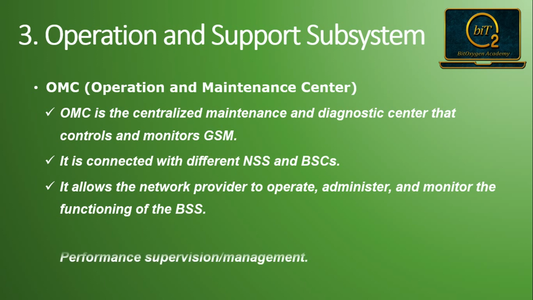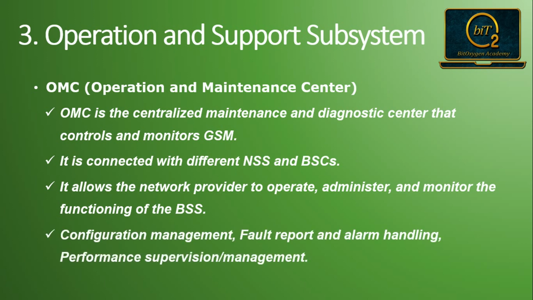It performs the tasks like maintaining network inventory, configuring network components, managing network faults, alarm handling, performance supervision and management, etc. As the network increases, the task of maintenance is transferred to respective BTS to decrease the maintenance cost of the system.